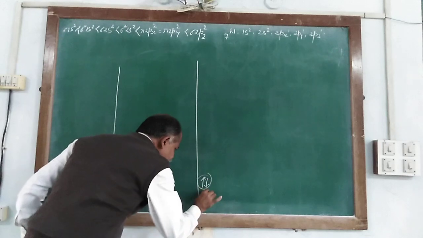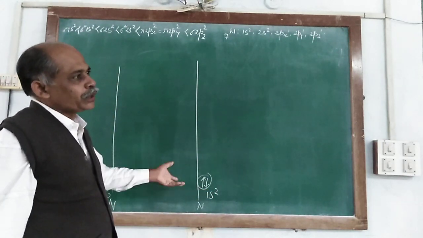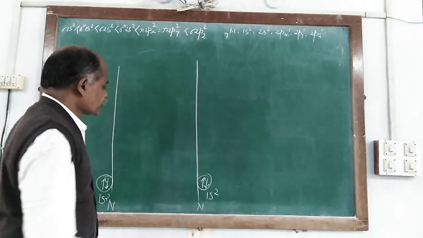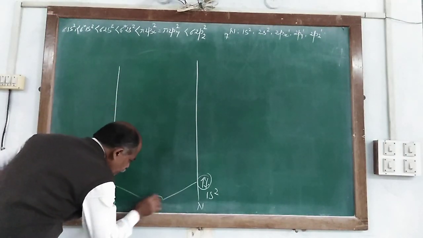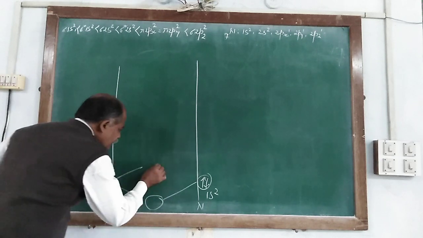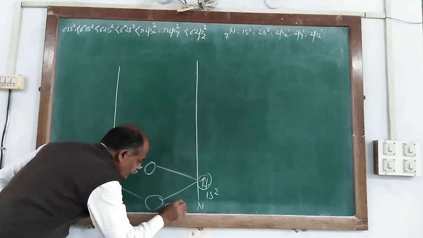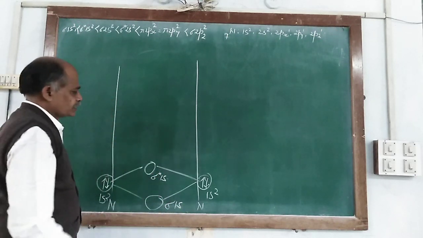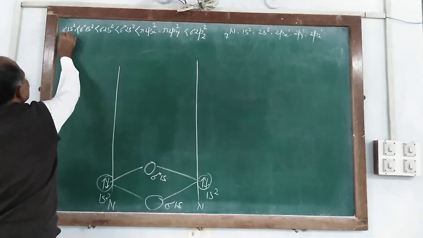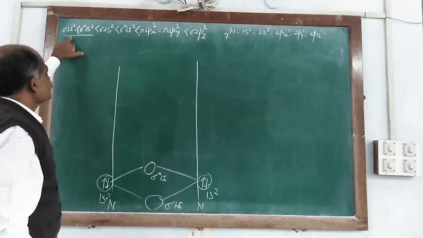Similarly, here also 2 electrons are put in the 1s orbital. From them, it forms the 2 molecular orbitals and they are assigned as sigma 1s and sigma star 1s.